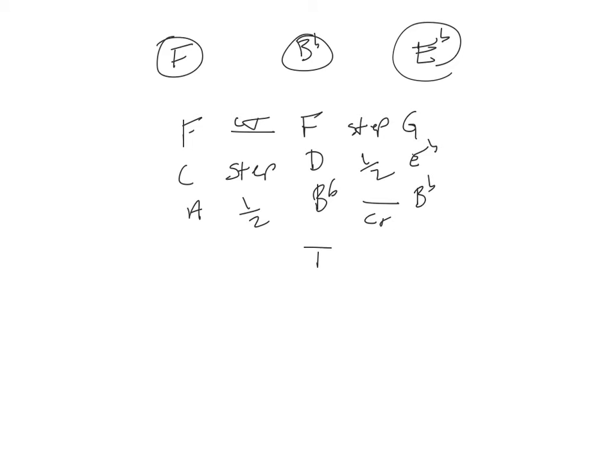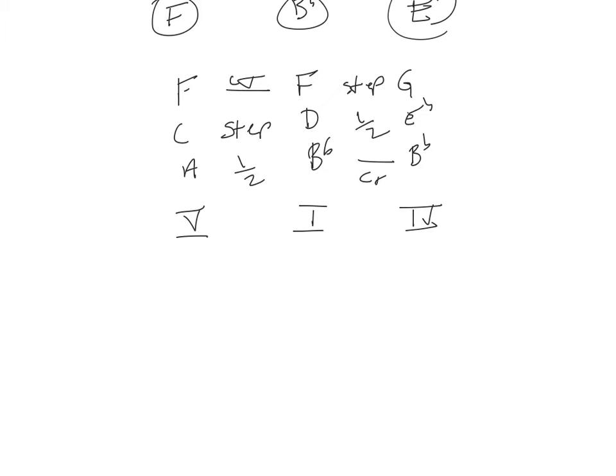So if we go from B flat a fifth in either direction, either down or up, we have a voice leading paradigm of common tone, and then half step, and then whole step. Either direction, common tone, half step, and whole step.